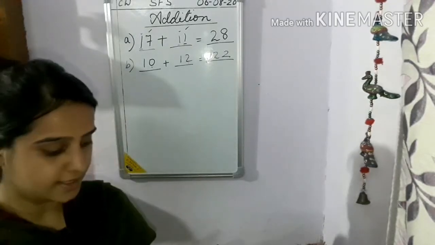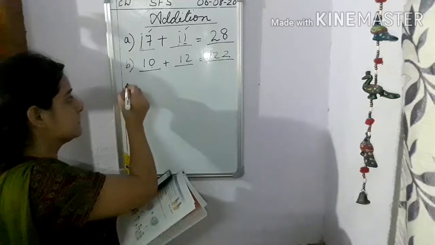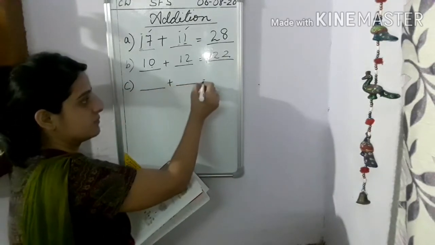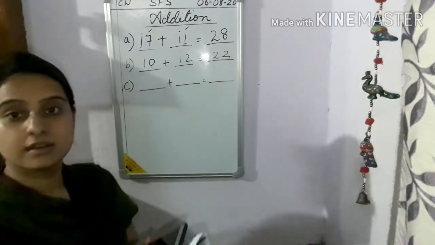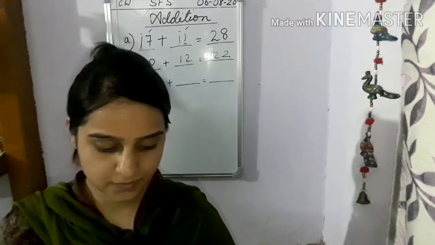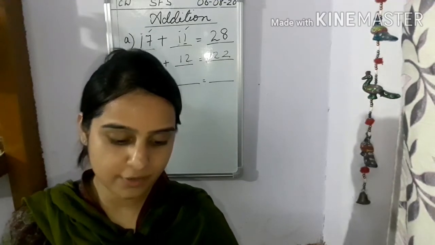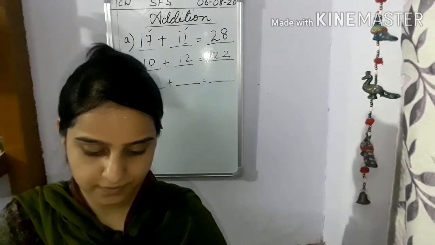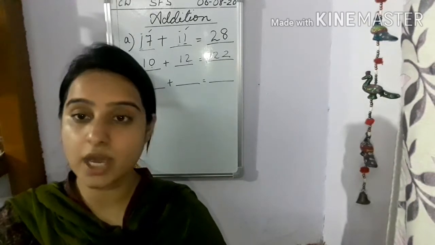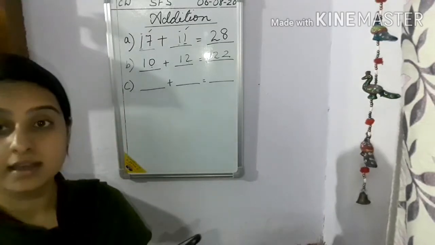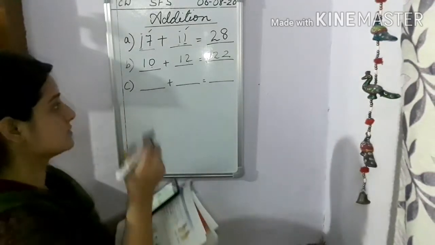Okay. Next, C. Count. Next, again children, there are faces. You can see here. So again you have to count. In first, how many faces are there? There are 12 faces.